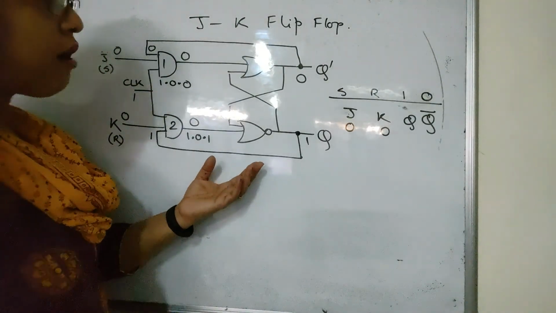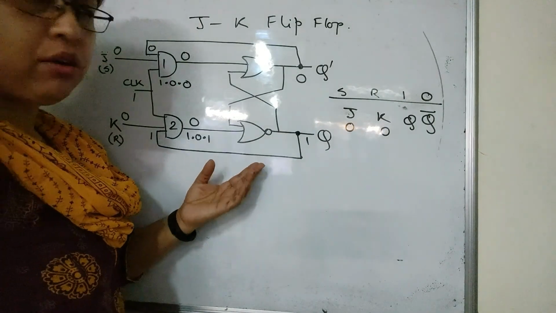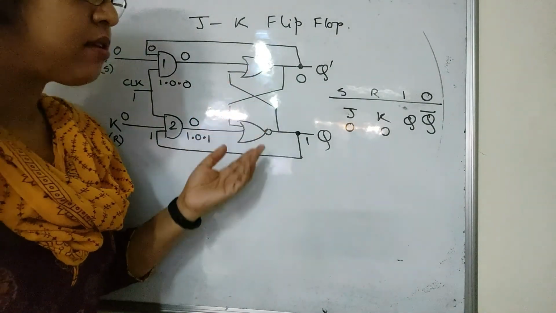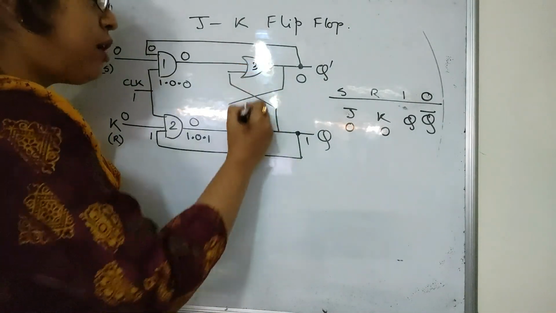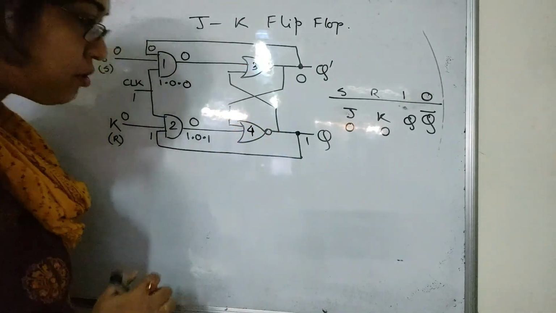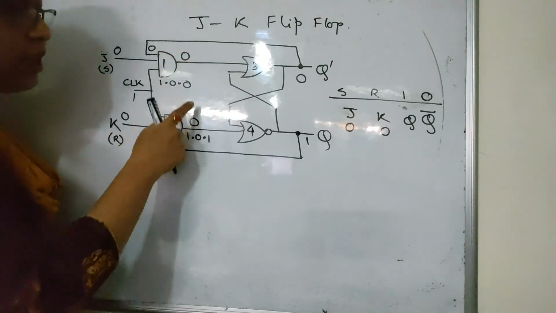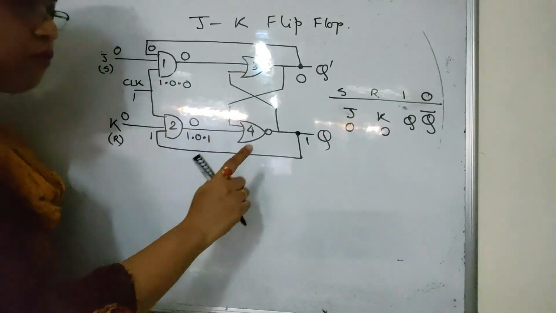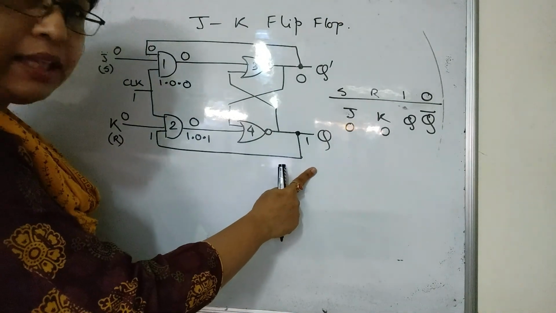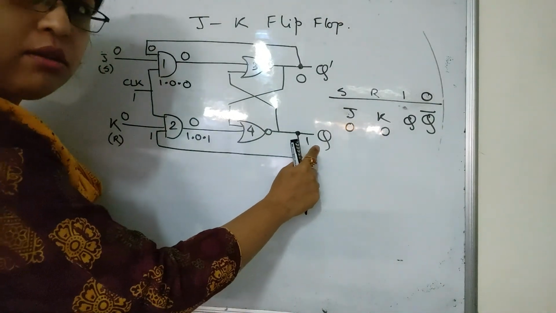Since these are NOR gates, we are going to take high inputs first. None of the input lines going into NOR gate number 3 and 4 are high. So we are going to turn to the feedback lines. Q is 1.